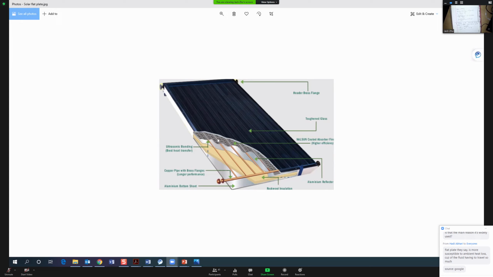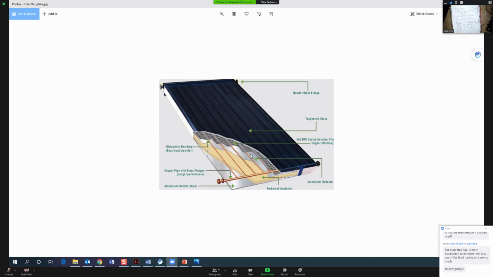Those heat collectors heat the solar solution inside, then it goes out from the top. But there is no vacuum inside.